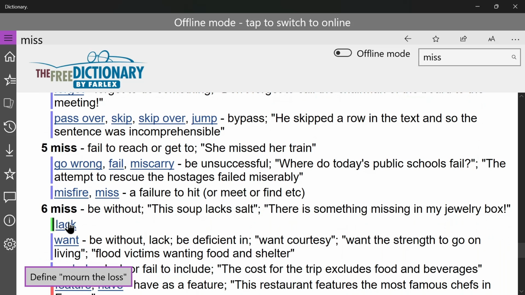I lack, okay, lack. Lack means missing something, yes. But we don't say I lack my family, no. We don't say that. I miss my family. It's not a substitute, only in some cases.